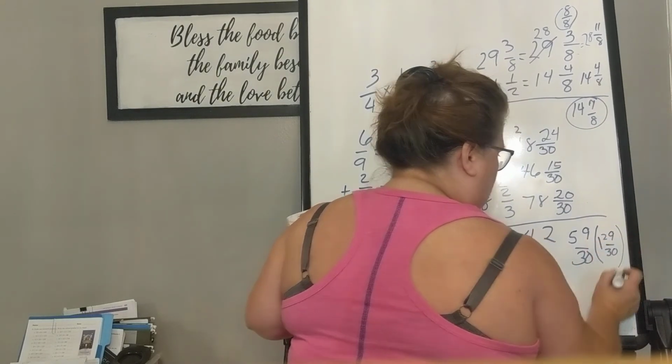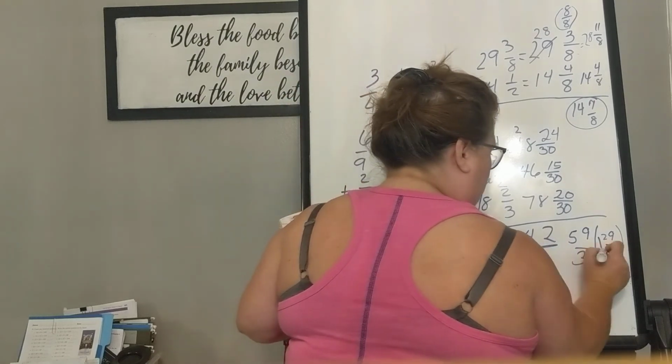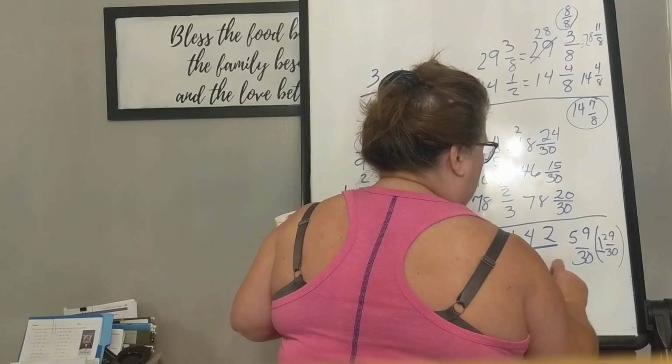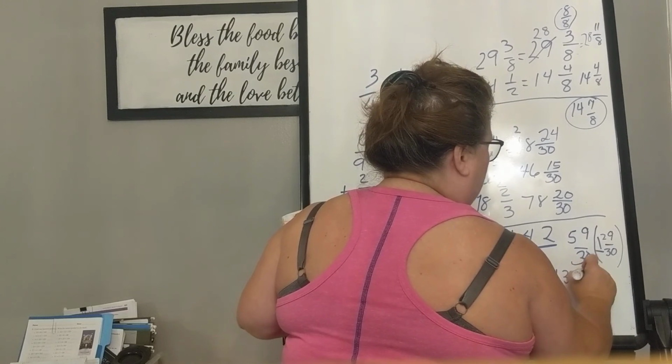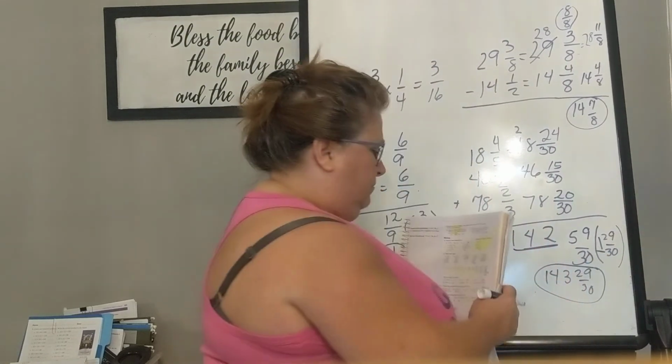Our denominator is the same, so it reduces to 1 and 29 thirtieths. We have to put our two whole numbers together, 142 and 1. So we have 143 and 29 thirtieths as our final answer.